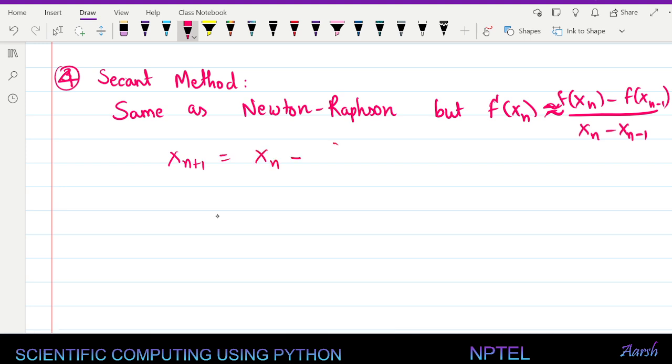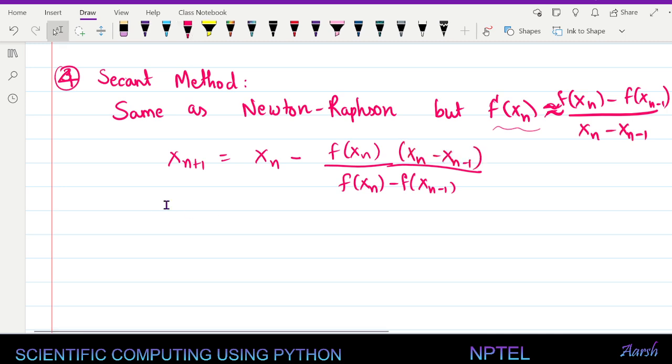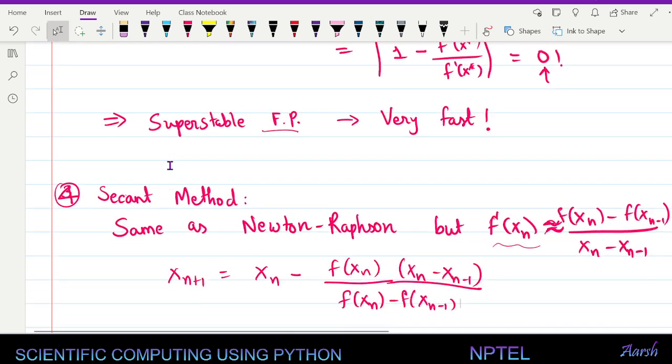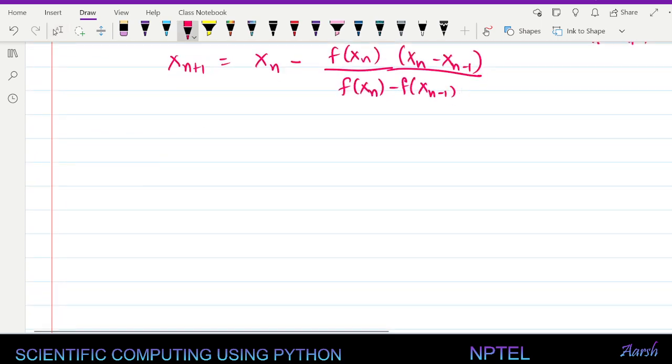It's xn minus f of xn, and here earlier it was f prime xn. Instead of that, I'll write this thing, f of xn minus f of xn minus 1 over xn minus xn minus 1. Alright, and these methods don't always converge.